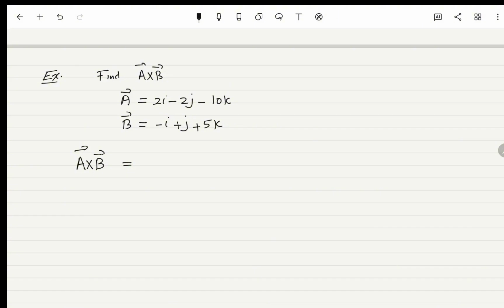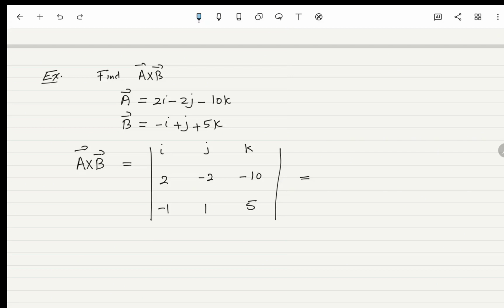To find A cross B, the easiest way is to open a determinant like this one. The first row, you just type I, j, k. The second row is the components of the first vector, which in this case is A: 2, minus 2, minus 10. And the third row is the components of the second vector, which in this case is minus 1, 1, 5.